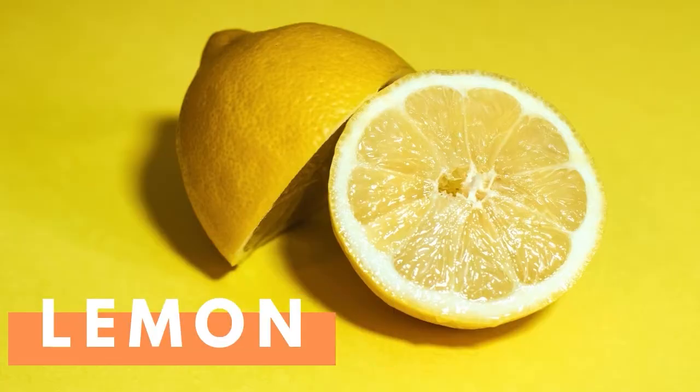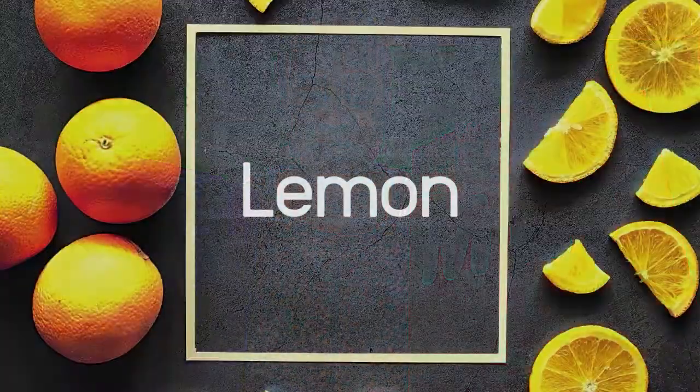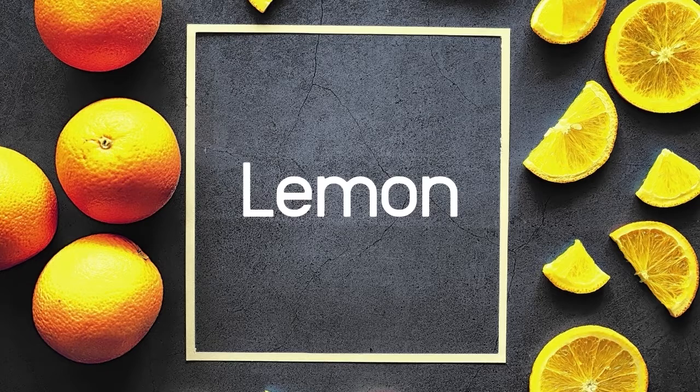Okay, let's go to the next picture on the screen. It is a picture of a lemon. Say lemon and listen carefully for the beginning sound. Do you hear an A sound or an M sound in lemon?